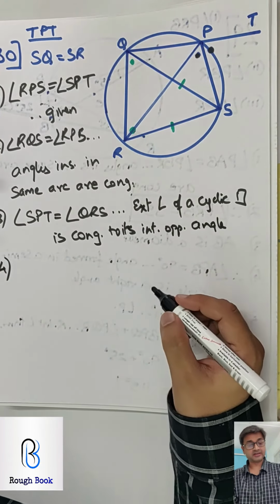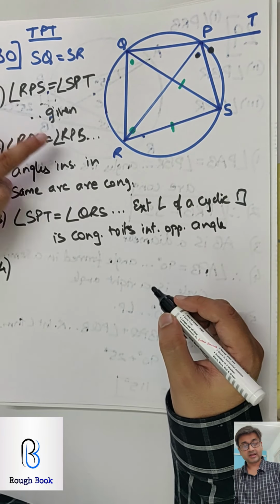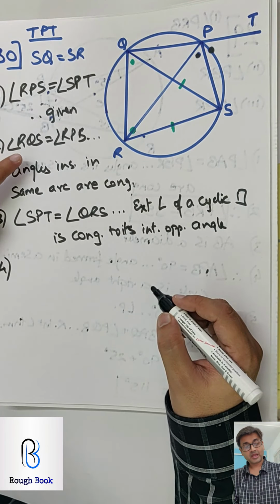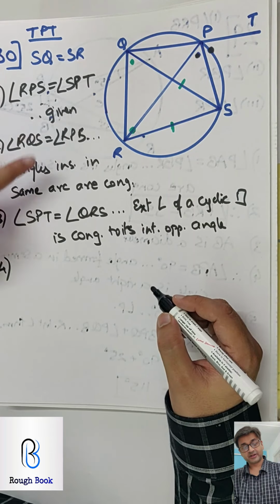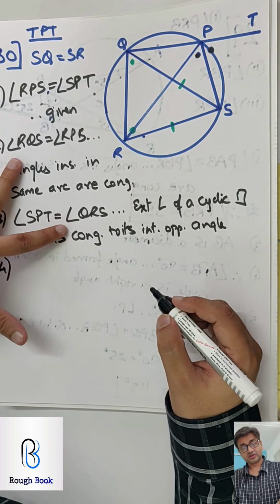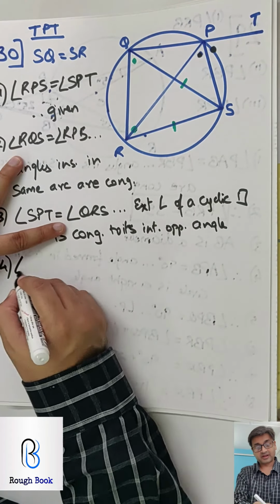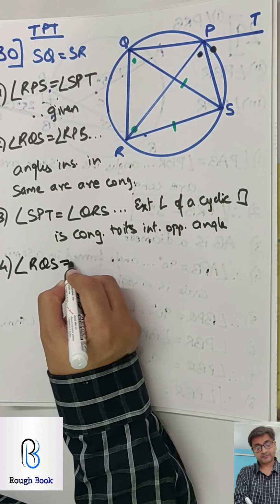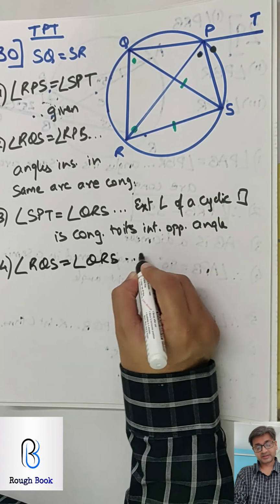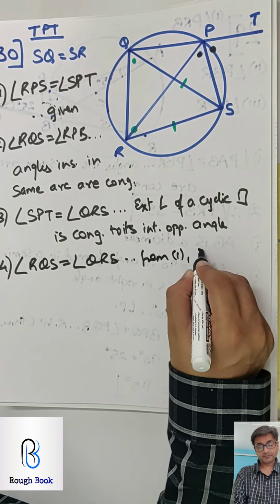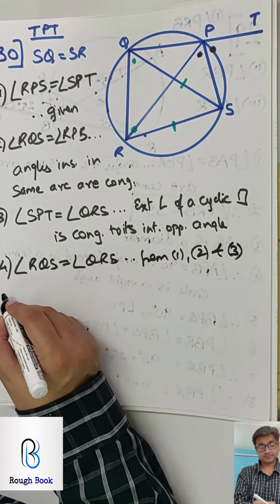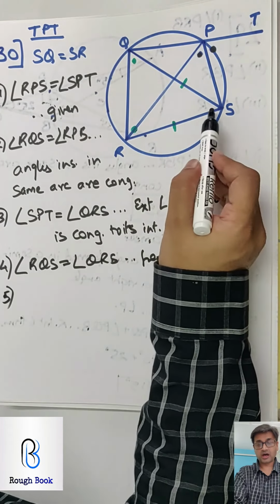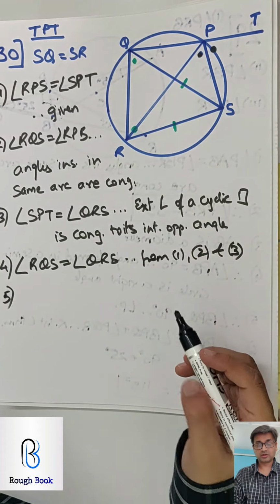So finally, connect these three now. RPS cancels in your mind. RQS stays. SPT cancels in your mind. So these two have left. So let's write them. That is angle RQS equals QRS from 1, 2 and 3. So finally you got RQS equals QRS.